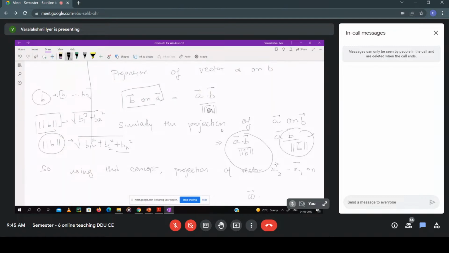Okay. For those of you who are not aware of this concept, just understand that we are going to utilize it in order to solve this particular equation. You only need to know this one point: that the projection of a vector A on vector B is given by this particular scalar product, the dot product of two vectors. I suppose those who have some mathematical insight might know about this, right?